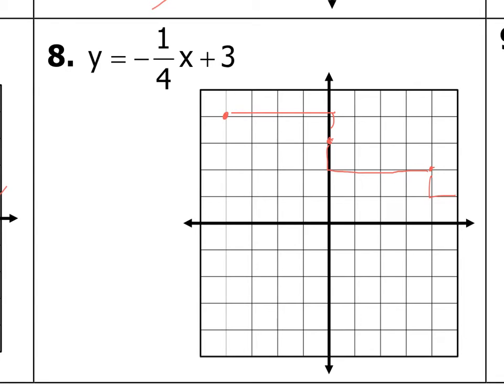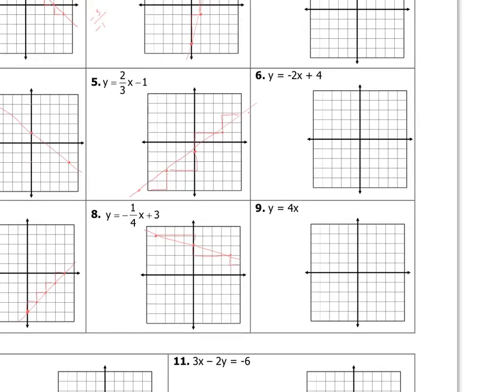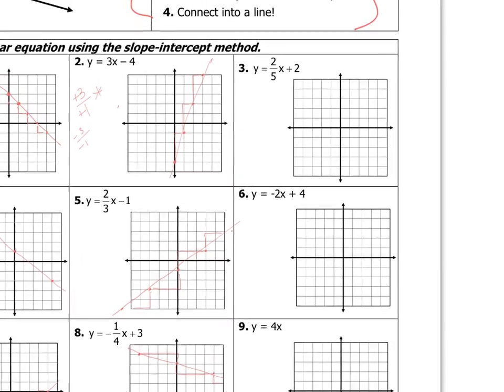You'll notice our graphs with fractions have a shallower slope than our ones that have whole numbers. If you compare 7 and 8, 7 was a positive 1, 8's a negative 1/4. Anyway, just patterns that we see.